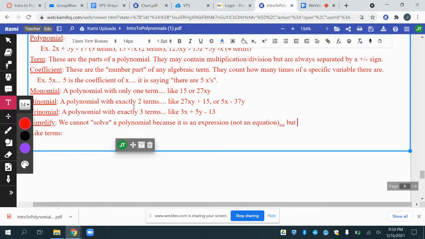But if we write it in its simplest form, with as few terms as possible, that is called simplifying the polynomial.